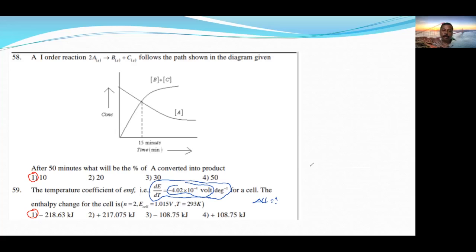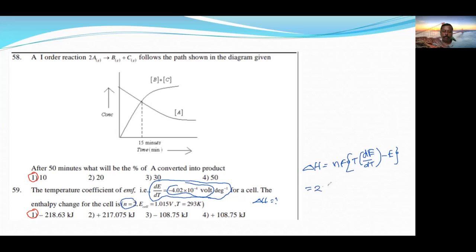Okay, so for that direct formula I will tell you delta H is equal to nF. Actually it will be nF E cell, understood? But T into dE by dT, this is the temperature coefficient of the cell, minus E, EMF. This is the direct formula for delta H. So here in this reaction, n value is given as how much? 2.